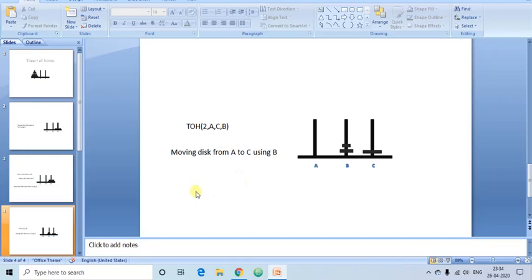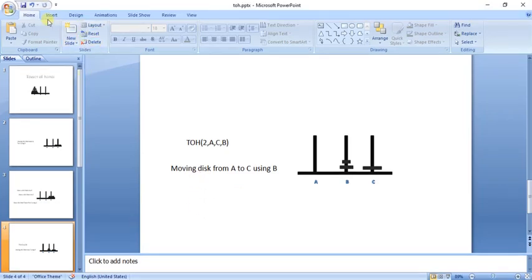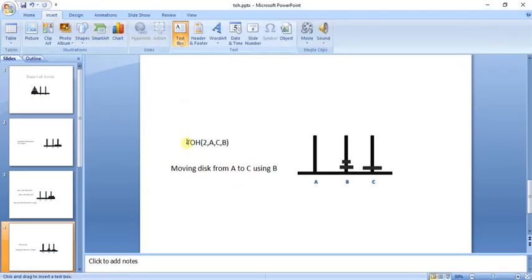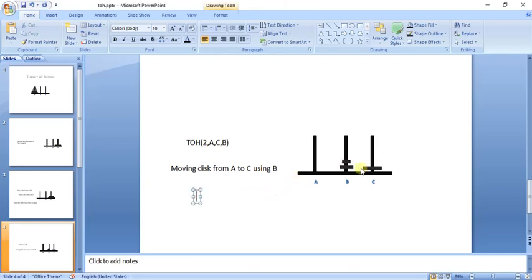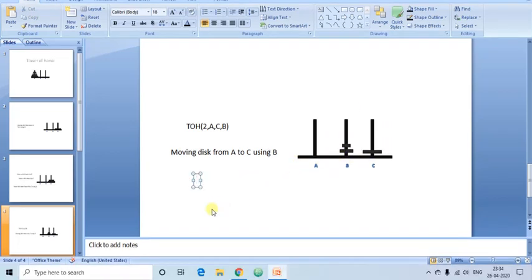Next, again we are using the function for moving all the disks from B to C. We already know how to move two disks from B to C using the second one. So again, Tower of Hanoi, we can create a function which can move two disks from B to C using A.